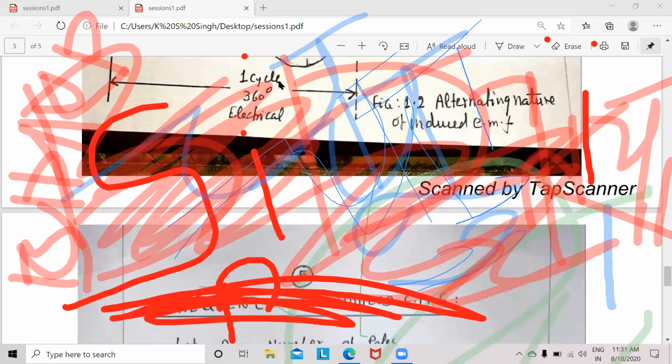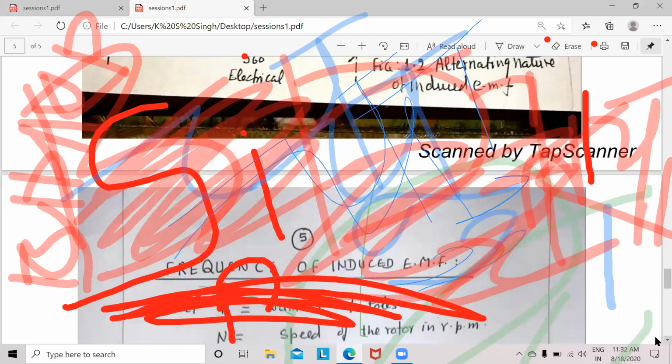But in the case of a synchronous generator, the field winding is laid on the rotor slots, and the armature winding is laid on the stator slots. Why does this happen, why is it done?